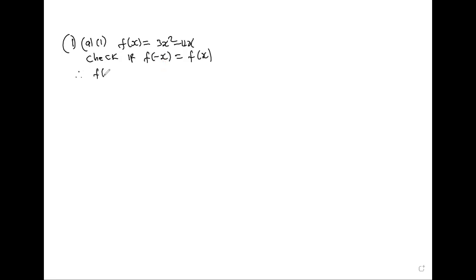So we have f of negative x equal to 3 negative x squared minus 4 negative x. When you simplify, we get negative 3x.